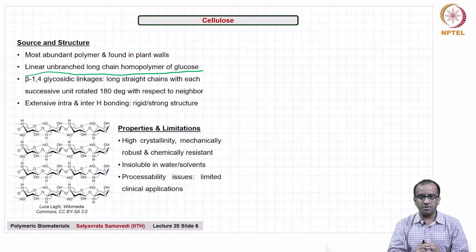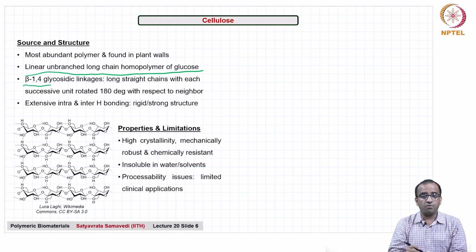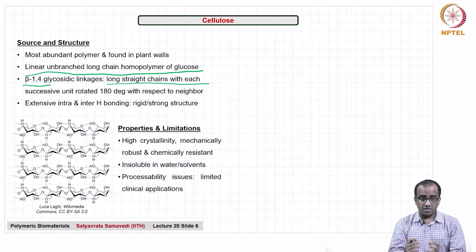So, it's a homopolymer, which means it has only one type of monomeric unit that keeps repeating in the sequence, and the linkages, as we saw just on the previous slide, are given by the beta 1,4 glycosidic bond, which results in a long straight chain. Because of the beta 1,4 glycosidic bond, each successive unit of the sugar is rotated 180 degrees with respect to each other, as shown in this schematic.